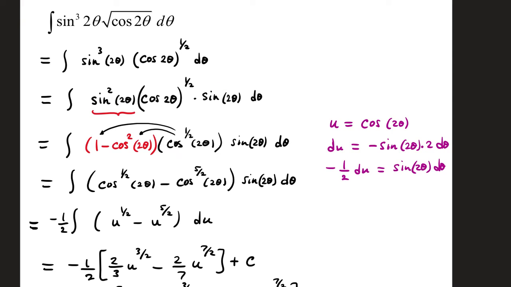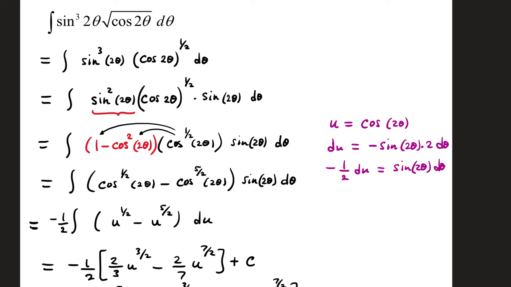Now, one of the purposes of that is we can use the Pythagorean identity and change sine squared 2 theta to 1 minus cosine squared 2 theta. Distributing cosine to the half, we have cosine to the 1/2 of 2 theta minus cosine of 5/2 2 theta.